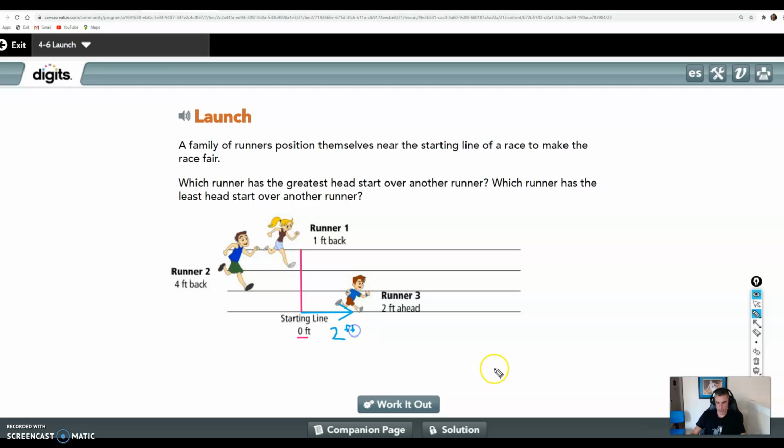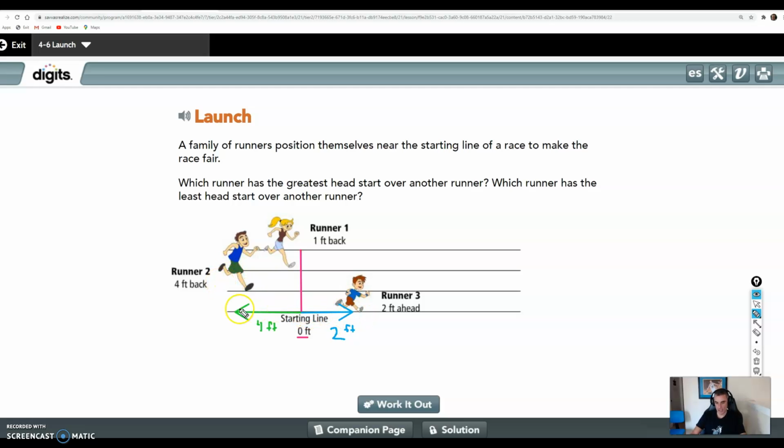And if we look, I'm going to assume this is Dad, way back there. And it says he's 4 feet back. So again, starting at the starting line, if I go back, that distance is going to be 4 feet. So what they're asking us to find here is, what is the distance between Junior way out in front and Dad way here in the back?